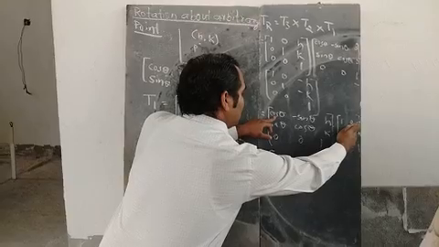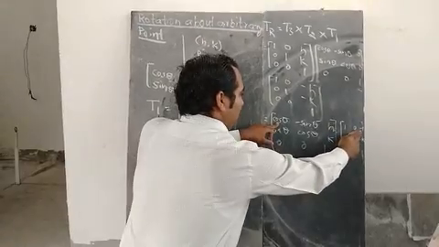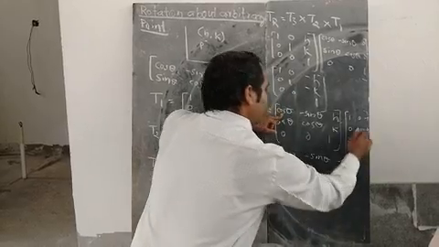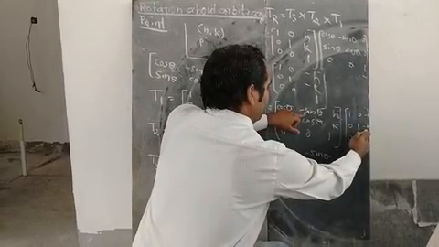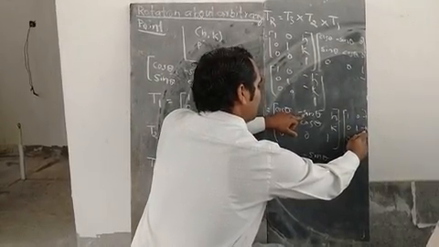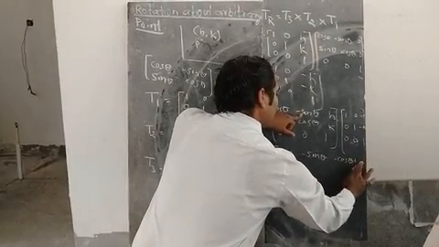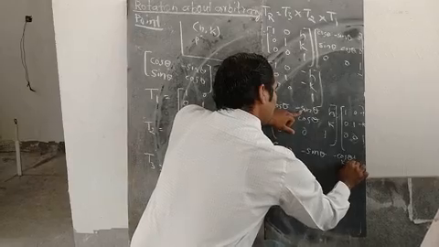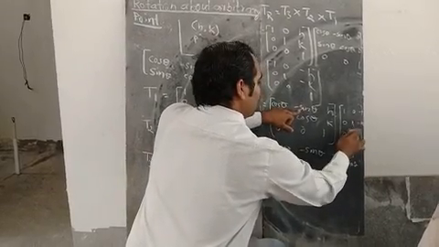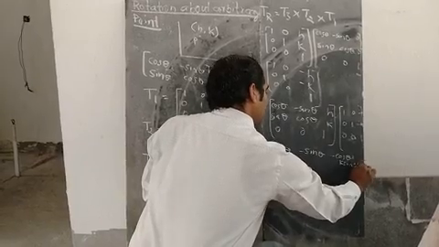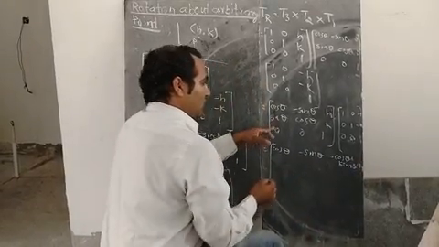Then it is minus h cos theta plus k sine theta plus h.